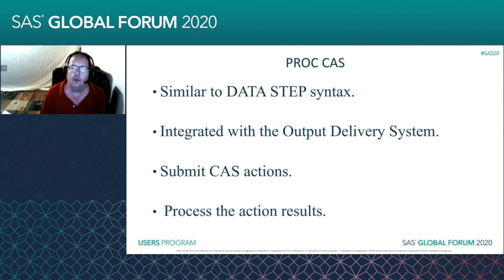That gives you the ability to really produce elegant reports. ODS is very, very powerful, and it is pretty much what all the procs use to display their output. But the main purpose of CASL, the main purpose of ProcCAS, is to submit an action and process the results. That's what we're going for, is to submit and process.